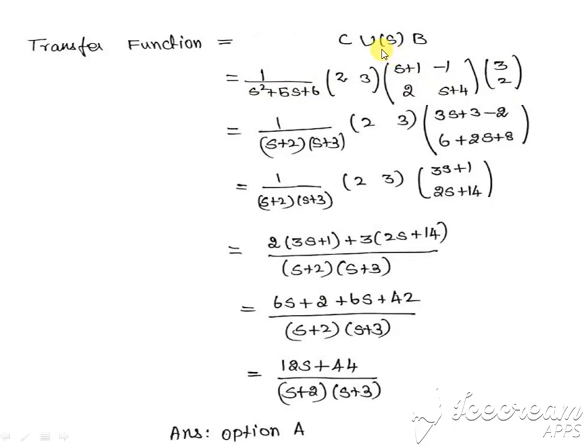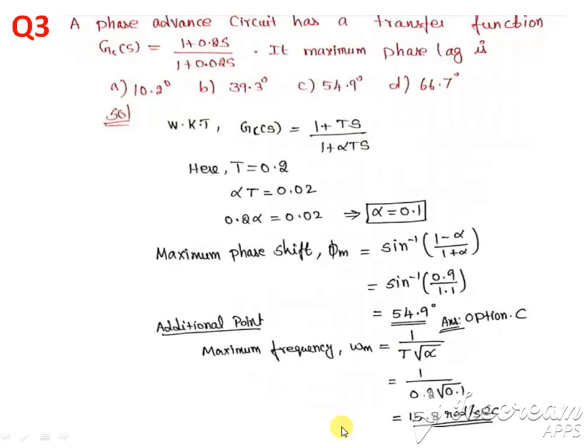Now simply perform row column multiplication. Multiplication of these two gives this one, and again multiplication of these two gives the remaining value. While simplifying this, we can get the answer 12s plus 44 divided by s plus 2 into s plus 3. The correct option is option A.